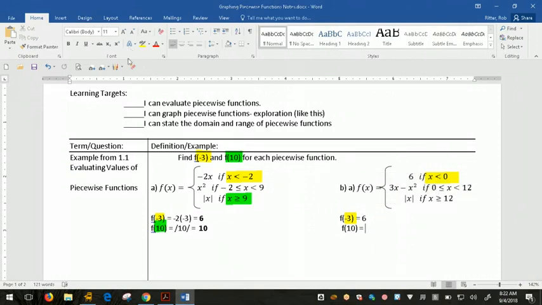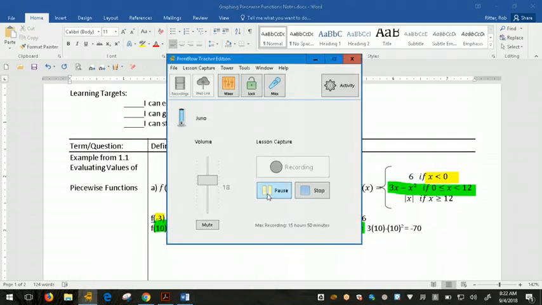Since 10 is between 0 and 12, that's the function I should use to evaluate f of 10. So for f of 10, I have 3 times 10 minus 10 squared. That's going to give us 30 minus 100, which is negative 70. So that's how we evaluate piecewise functions.